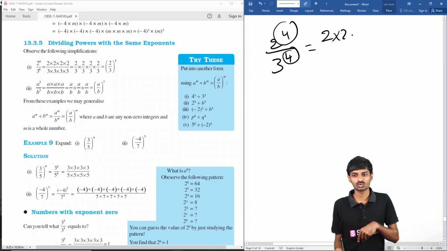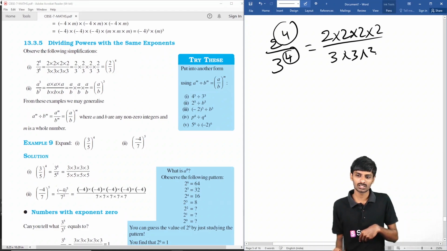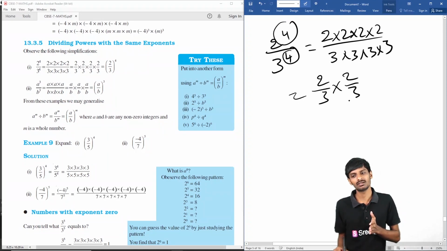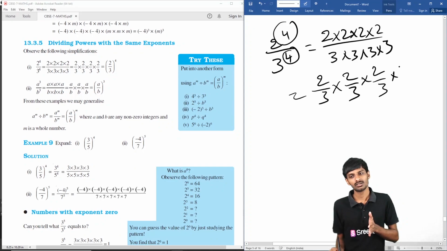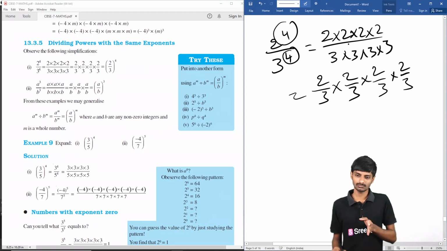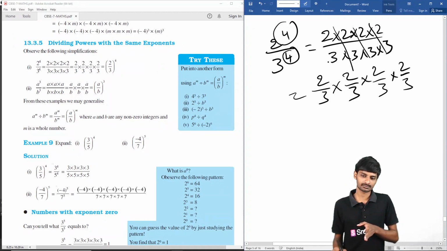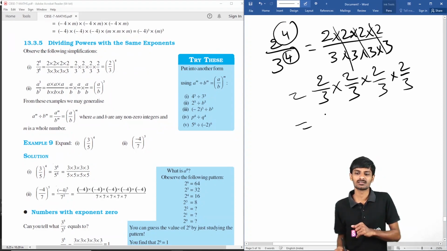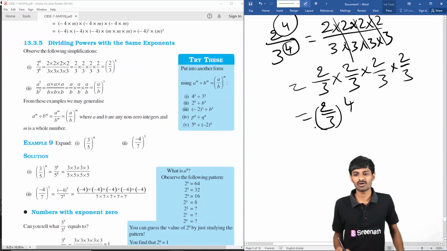It is 2 into 2 into 2 into 2 divided by 3 into 3 into 3 into 3. You can write it as 2 by 3 into 2 by 3 into 2 by 3 into 2 by 3, dividing accordingly. How many 2 by 3s? Four 2 by 3s. So this is the formula we got.